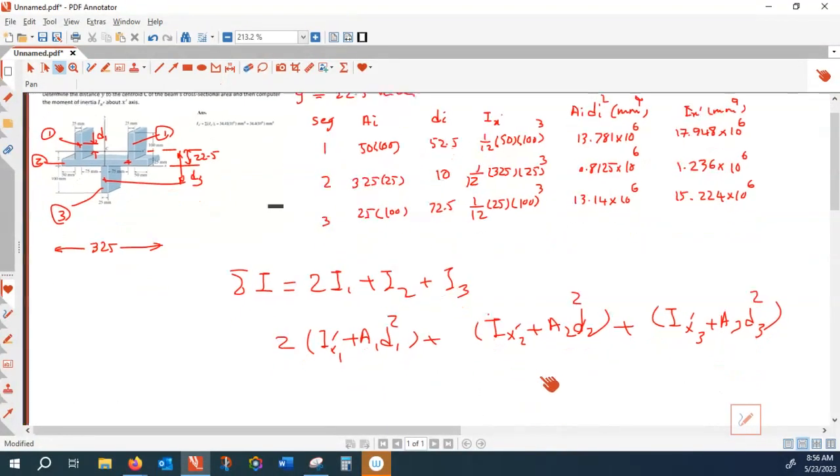And by adding all this together, the total moment of inertia is 34.4 times 10 to the power of 6, and the unit is millimeter to the power of 4.